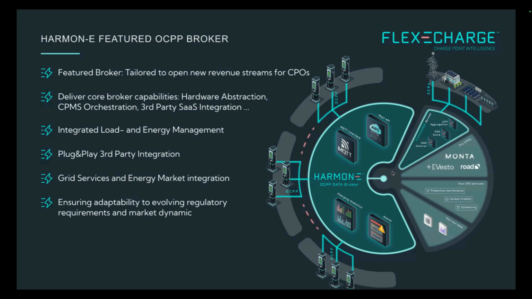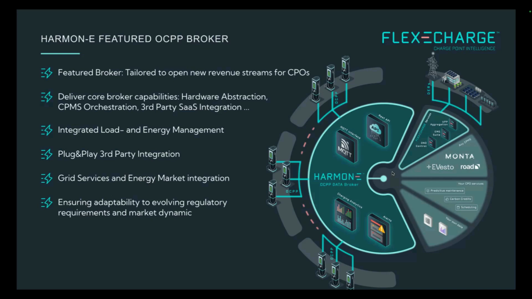So that has been our core initial solution. And what we have done since the end of last year is open this data broker to our customers to be able to integrate their own data analytics tools.